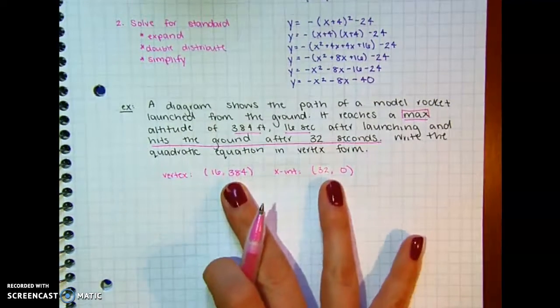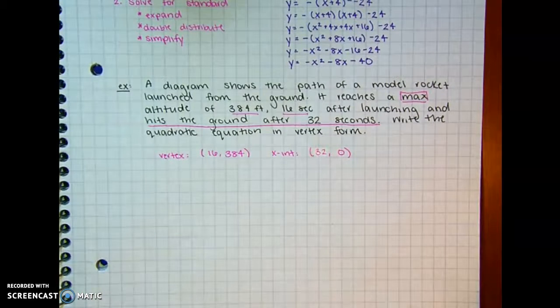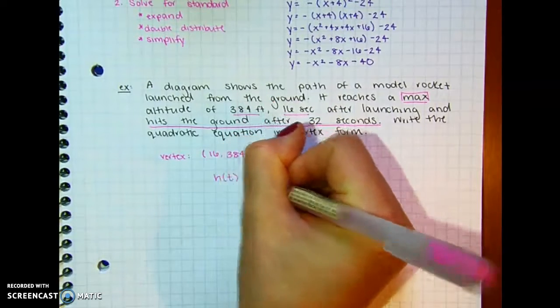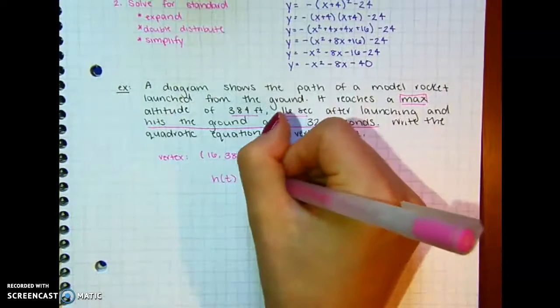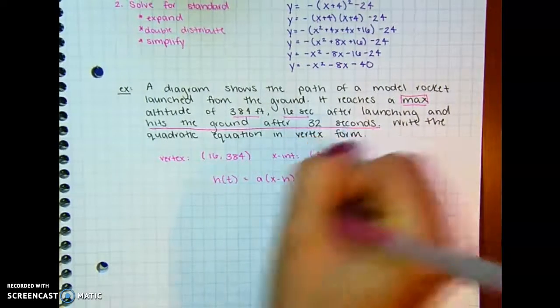And then, because we have 2 points, we can now figure out the equation. A classic model is h of t, because this is the height, and we're dependent on time. So same, (x minus h) squared plus k.